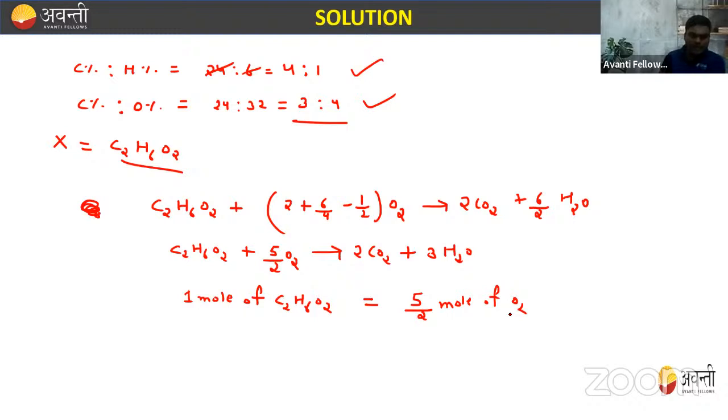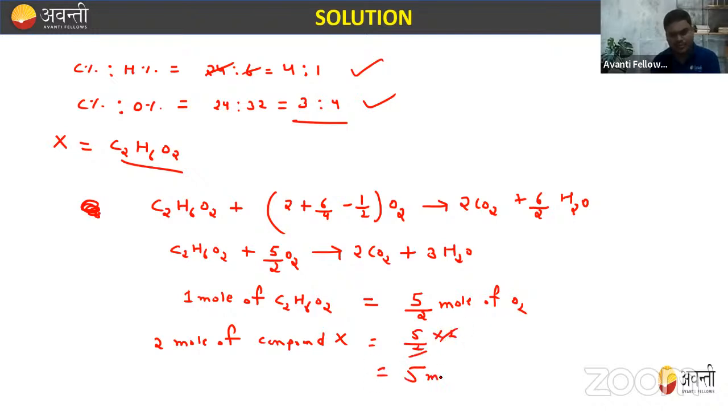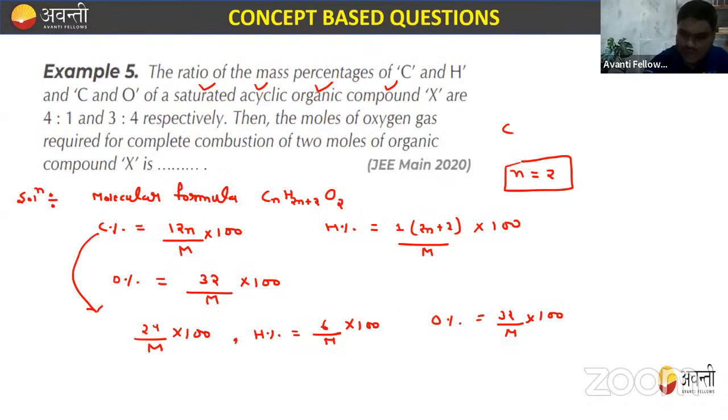So 2 mole of compound X is required how much? So 2 mole of compound X required 5 by 2 into 2. 2 cancel. That comes out to be 5 mole. So 5 mole of O2. ठीक है? So this is the correct answer.